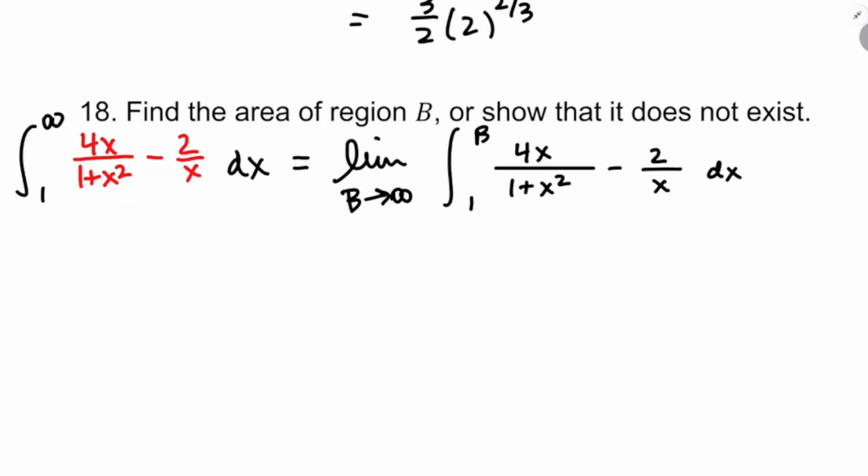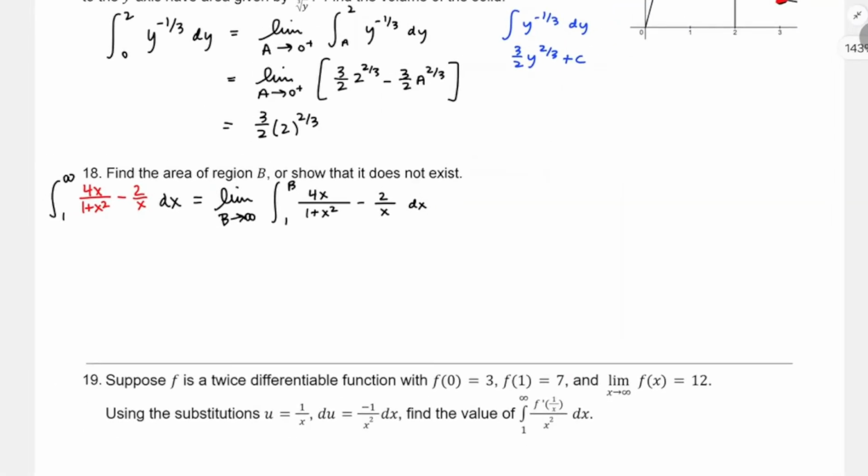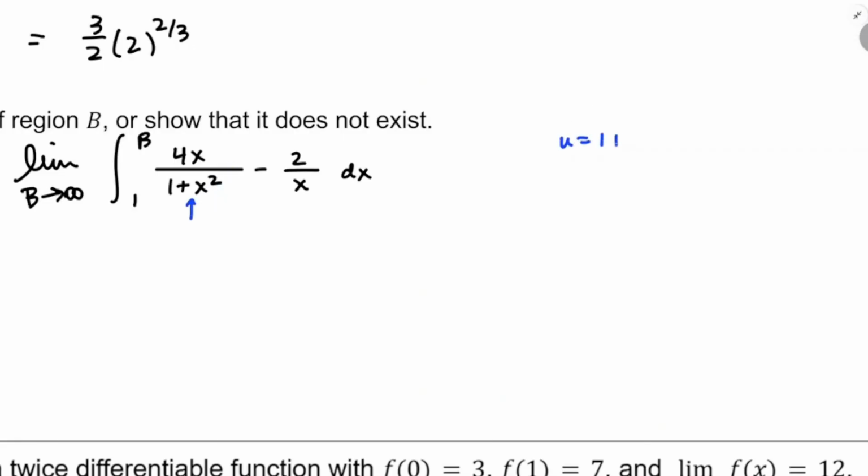The plan here is I'm going to be doing a u substitution on that first fraction. So I'm going to say u equals 1 plus x squared. But I'm just going to do the antiderivative because I don't need to do it on the 2 minus x.